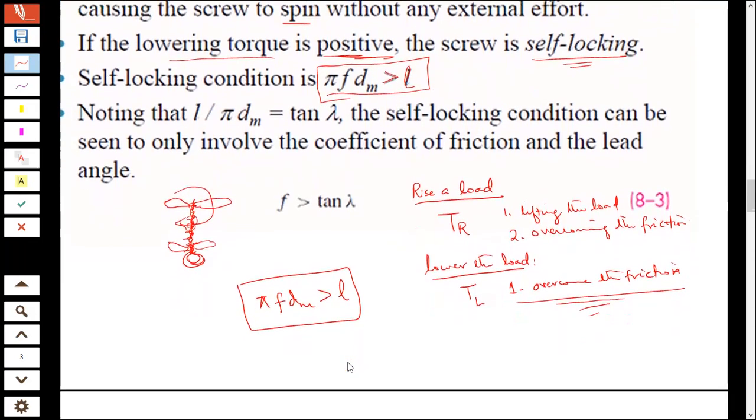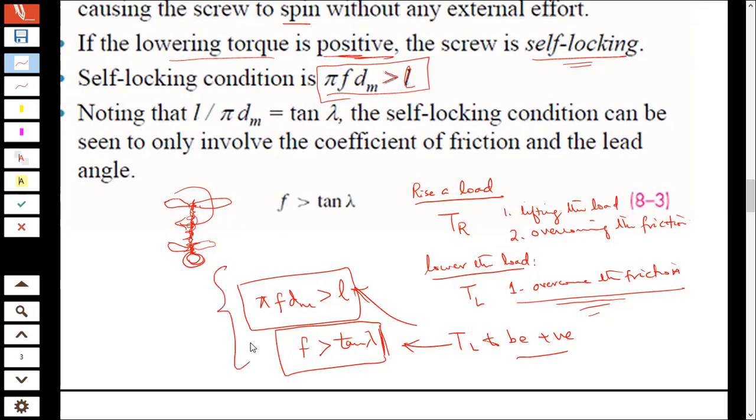Or let's divide both sides by pi dm, so you will have this condition that your f should be greater than tangent of lambda. So remember this: in order to get TL to be positive, you should have this condition or this condition, otherwise your load is going to fall, and that is not going to be a self-locking condition.